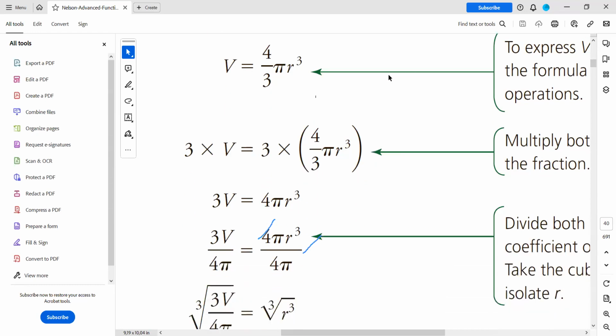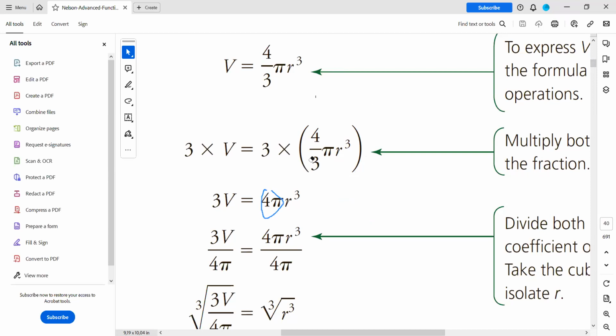Okay, next step, we got this expression, 3v equals 4 pi r cubed. What do we do next? We divide by 4 pi. This is the next coefficient that we have here. And it's not in the denominator, right? Numerator is on top, denominator is on bottom. It's not in the denominator, so we're multiplying by 4 pi.